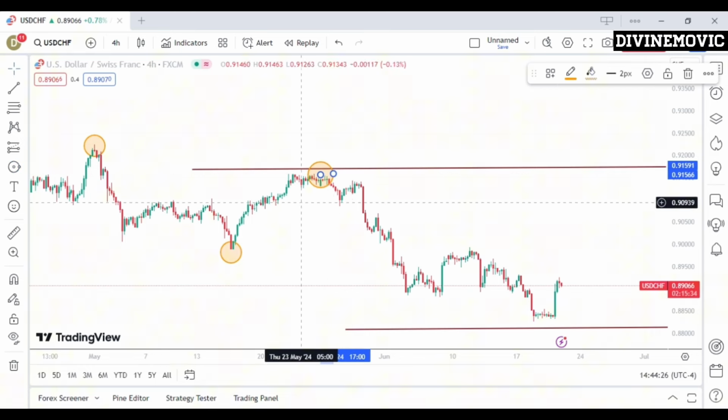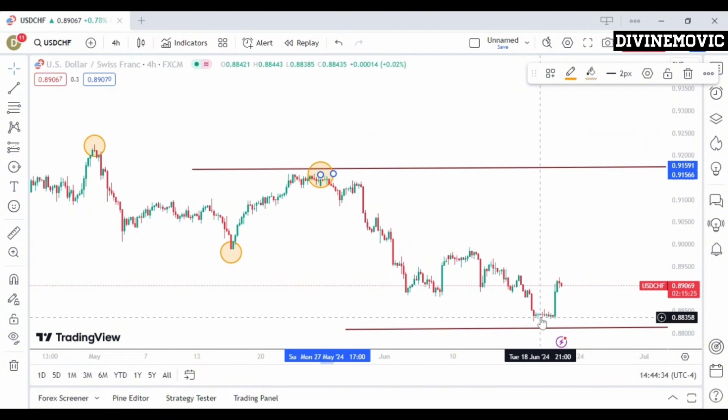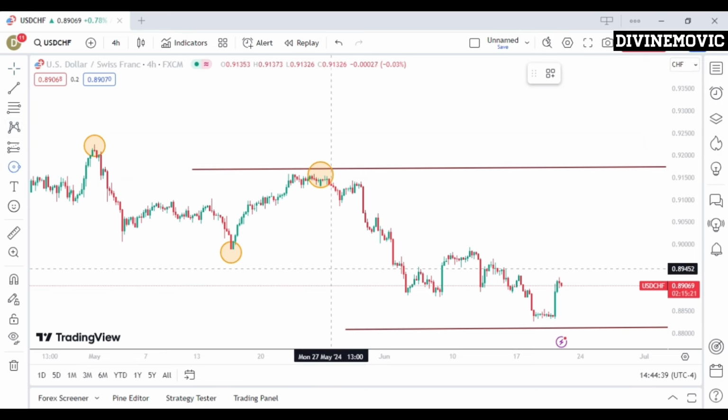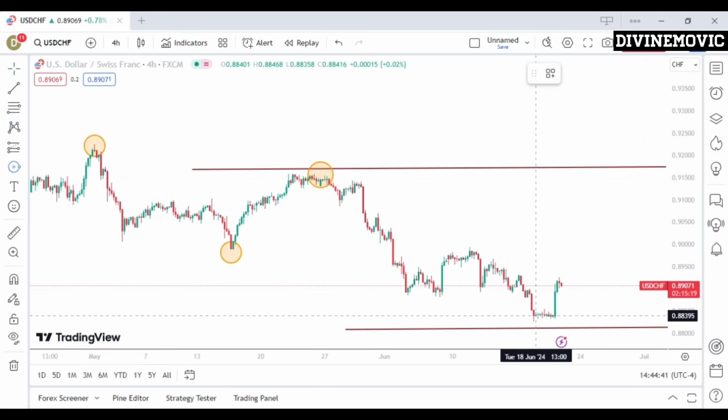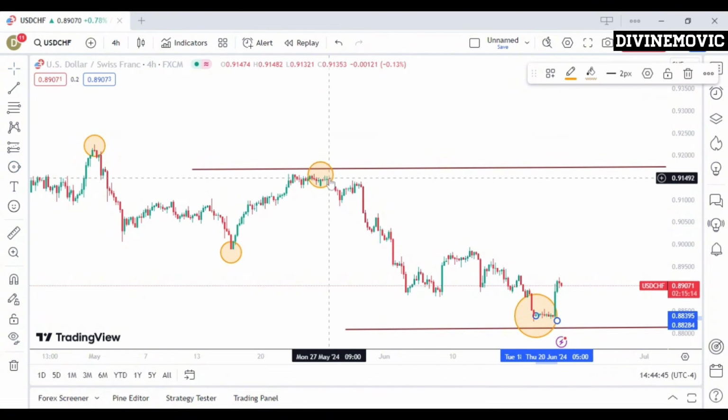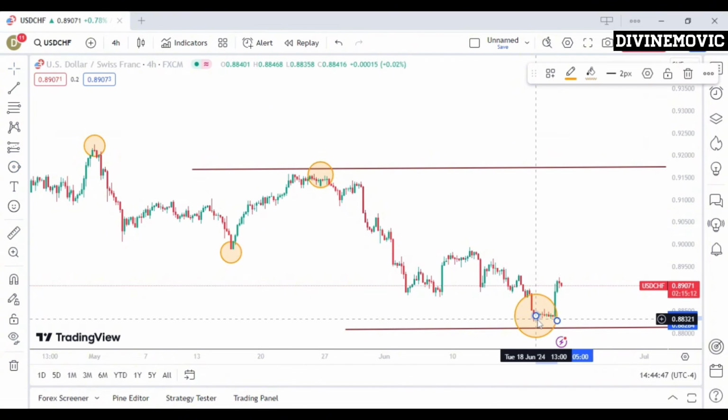We've identified that this is a swing high, this is a swing low, this is another swing high, and possibly this is a swing low. This is a swing low. So basically, from here to here is simply one straight movement. That's what it basically means.